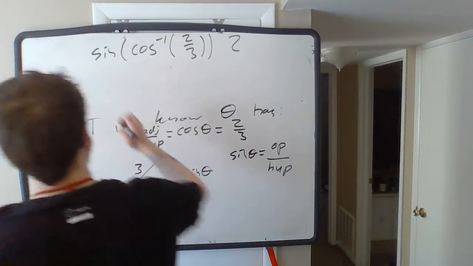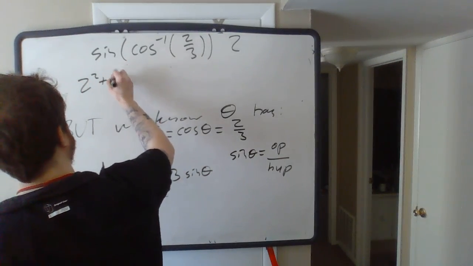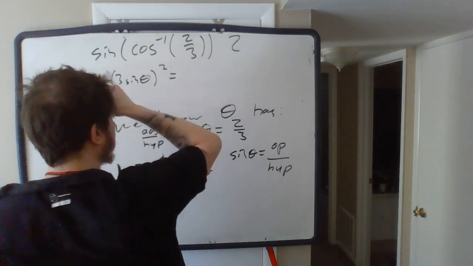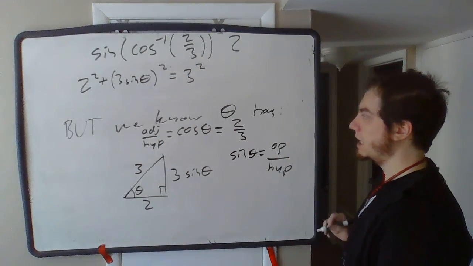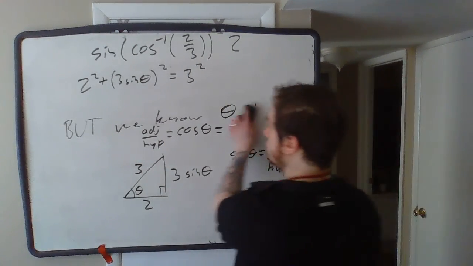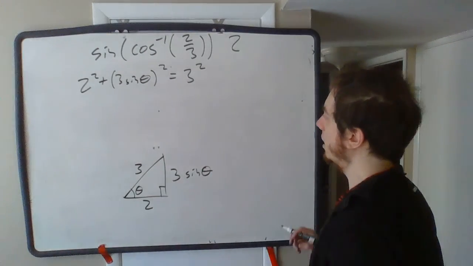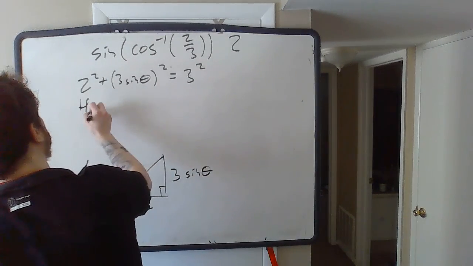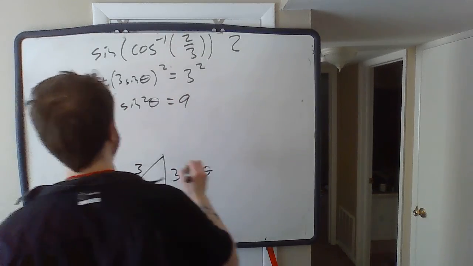So here's what we know. We know that 2 squared plus 3 sine theta squared is equal to 3 squared. And I'm going to erase this as well, and hopefully you guys can just keep that in your notes here. So this means that 4 plus 9 sine squared theta equals 9.